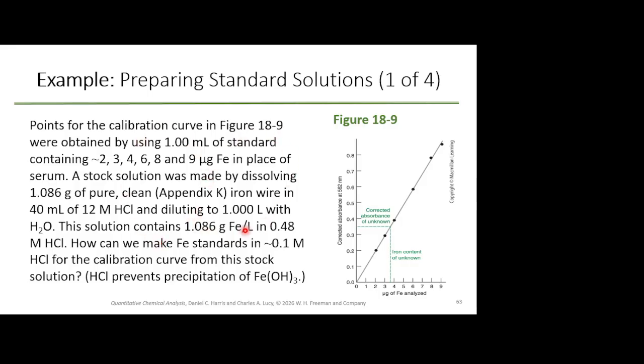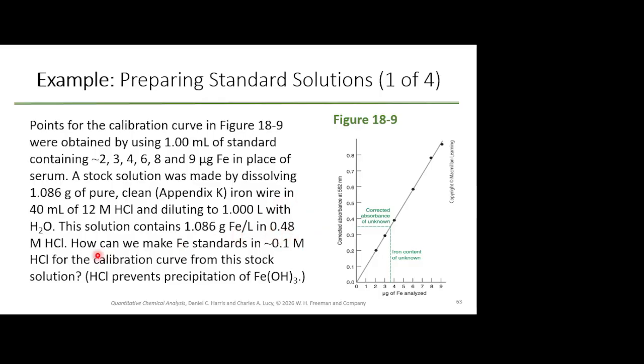So what I want here is we have this set of conditions. We have dissolving 1.086 grams of iron wire. It's dissolved in 40 milliliters of 12 molar HCl. We diluted it to 1 liter in H2O. And that solution is going to contain that number of grams per liter, okay?